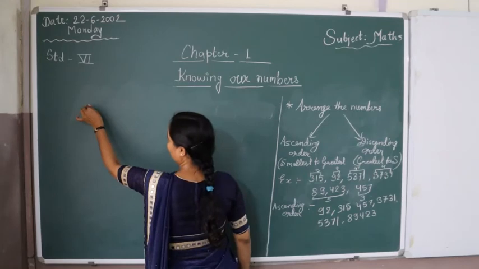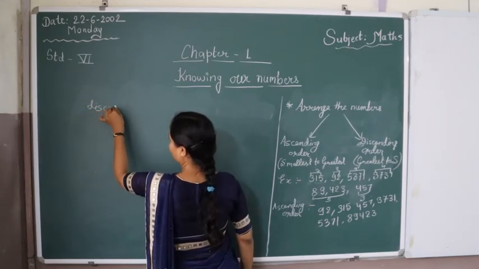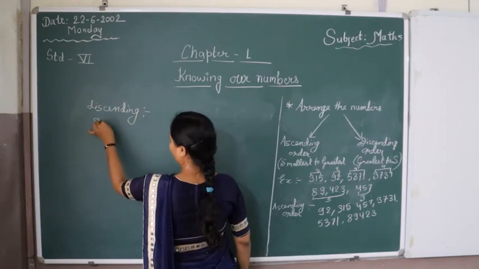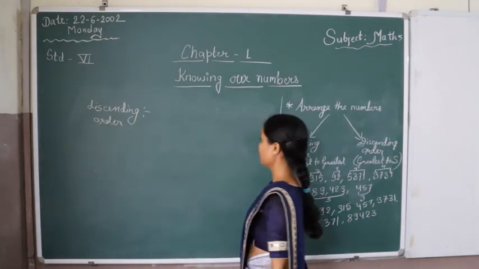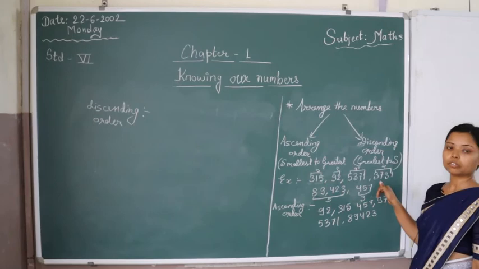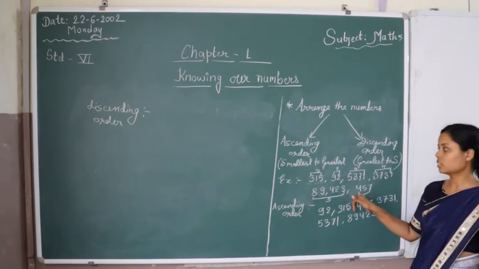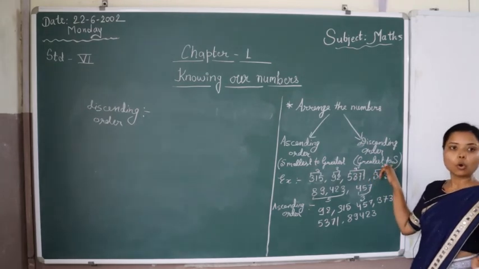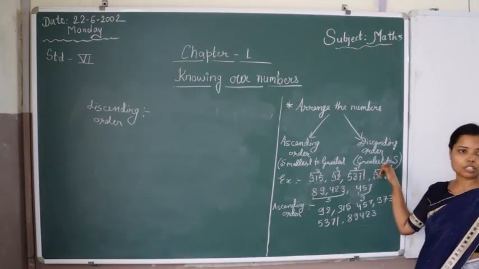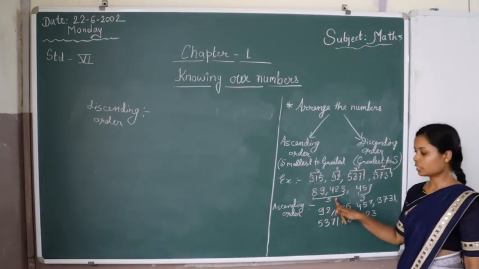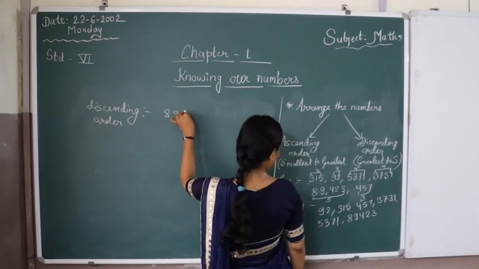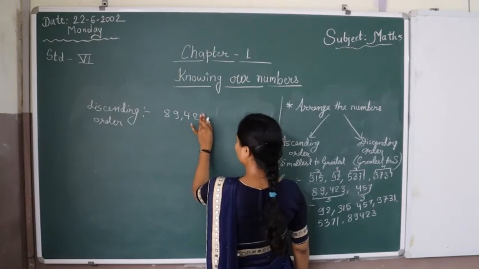Descending order. In descending order we will take this same series. In descending order we go from greatest to smallest. Which is the greatest number? 89,423.